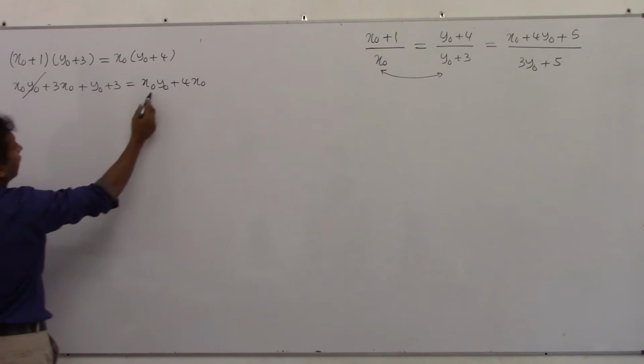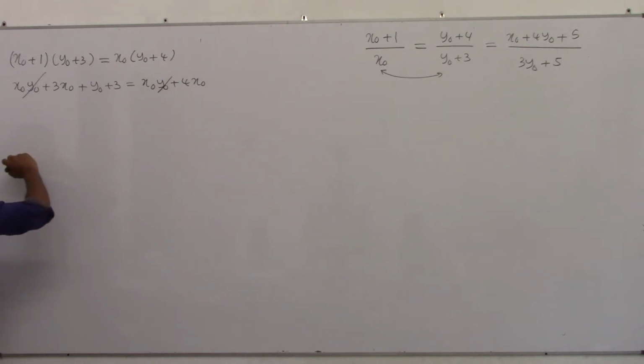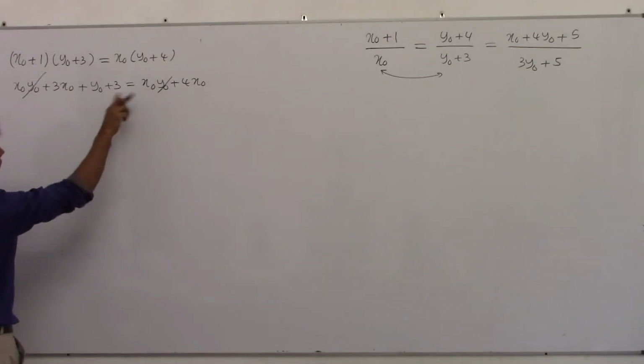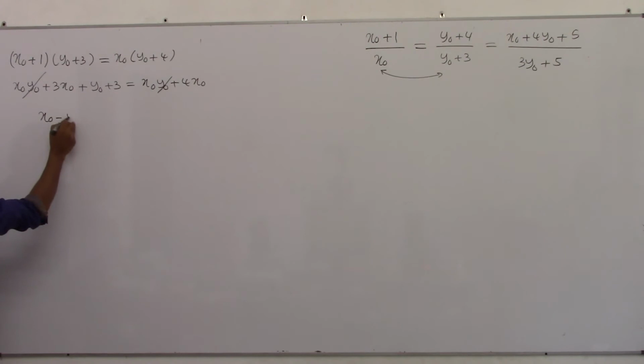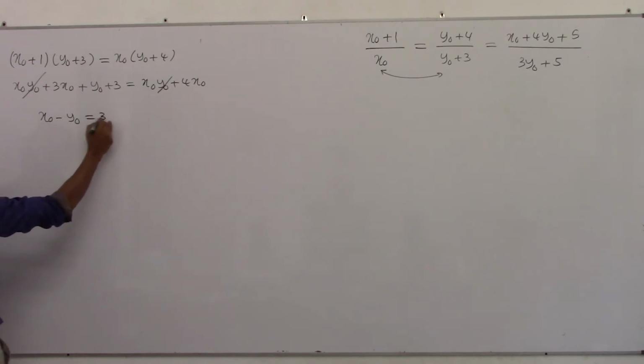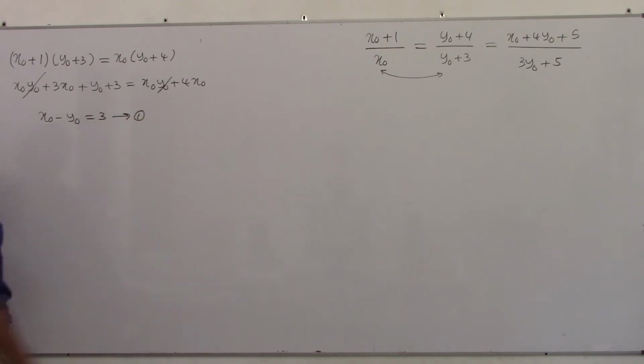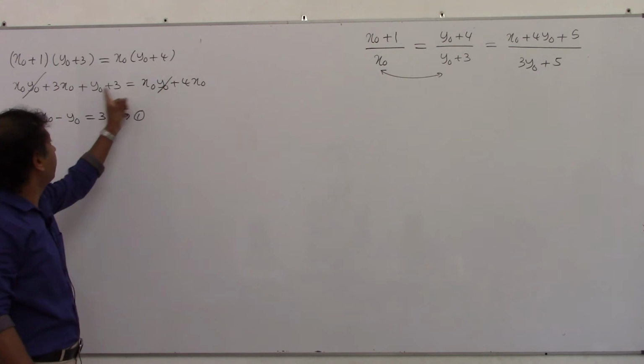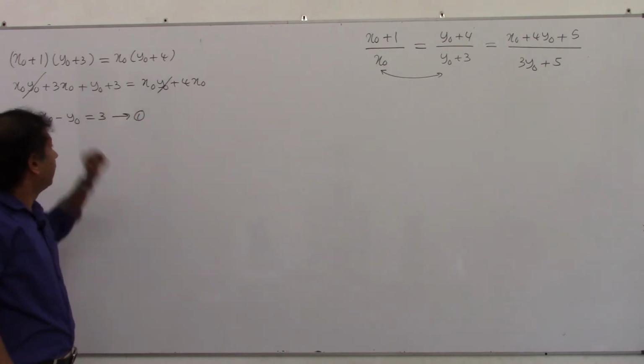The x naught y naught you can cancel down. We'll take these terms to the right hand side, people. Right. Then we get 4x naught minus 3x naught is x naught minus y naught equals 1. Right, now I took this to the right hand side, y naught also to the right hand side, kept this 3 on the left hand side. This.